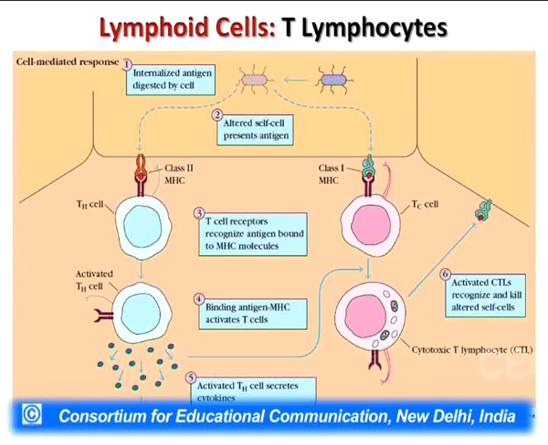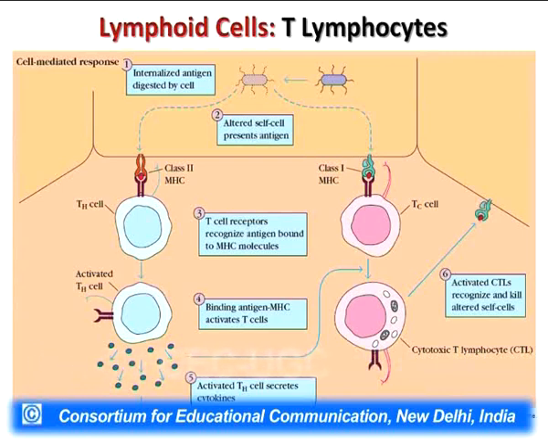Now what exactly happens in the case of the T cytotoxic cell? The antigen from these pathogens is processed and presented, in the case of TC cells, in the form of an MHC class 1 molecule. These TC cells immediately recognize the cells presented by the class 1 MHC molecule and become activated, and are further activated by the cytokines released by the T helper cells.